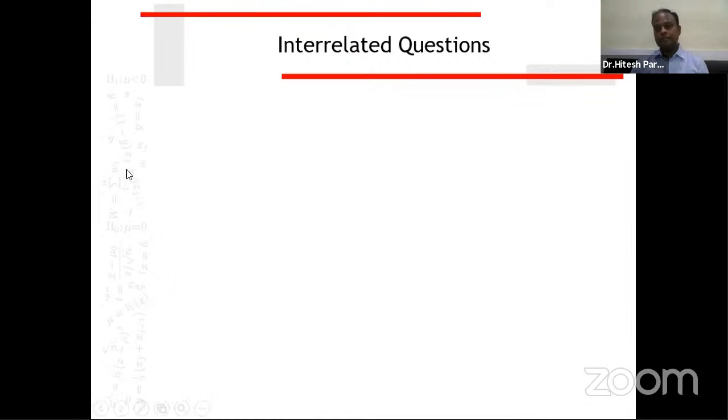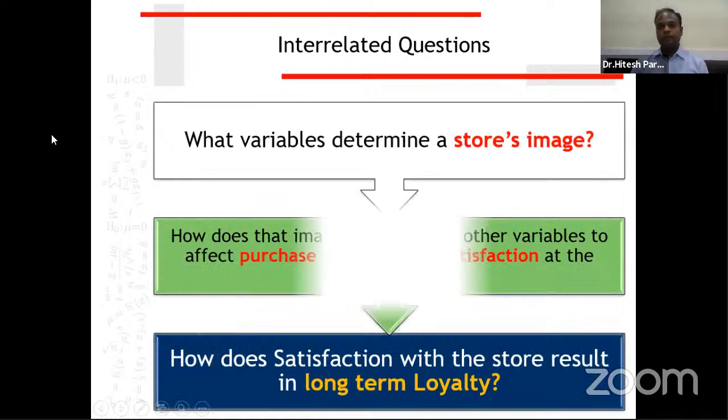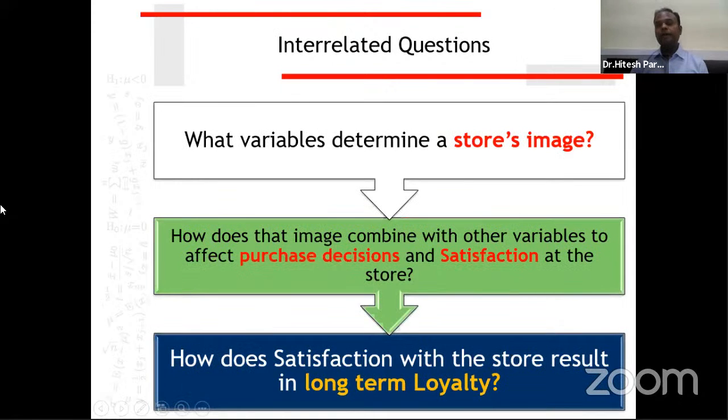So this technique can be applied when we are dealing with interrelated questions. For example, in our research, the first research question is: what variables determine a store's image? We may identify certain variables, and these variables will be used to represent store's image.